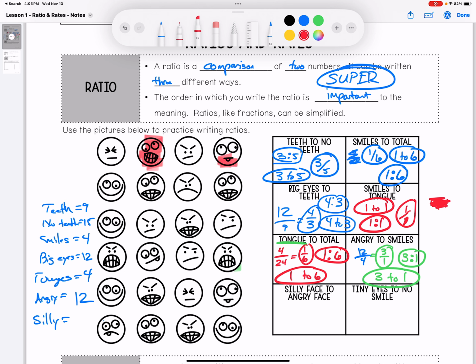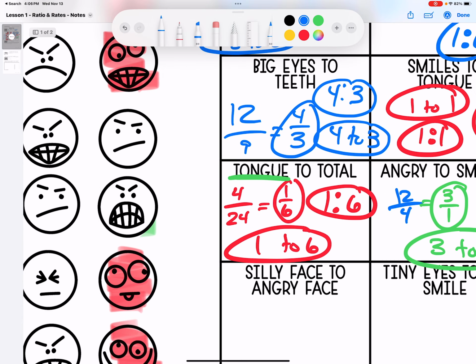Silly, silly, silly, silly, silly, silly, because he's rolling his eyes at me, sticking his tongue out at me. He's got one tooth, and he's rolling his eyes. And so I have 12 of those.